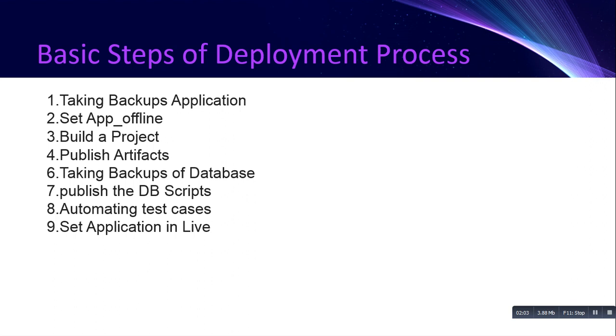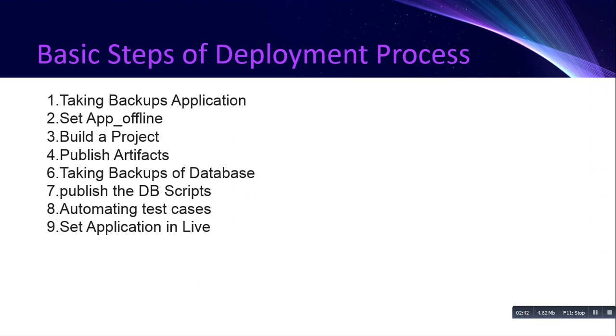Then you can take the latest build, then you can publish those artifacts to production. After that, if you have any database changes, you can take the database backups and execute the corresponding script. This process will go manually, so this entire process we can automate with a single point of click.